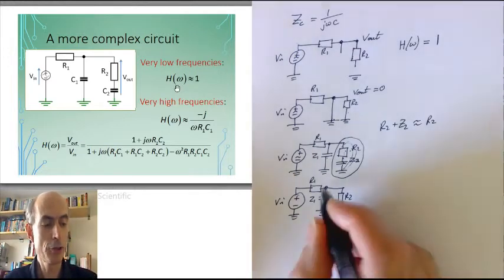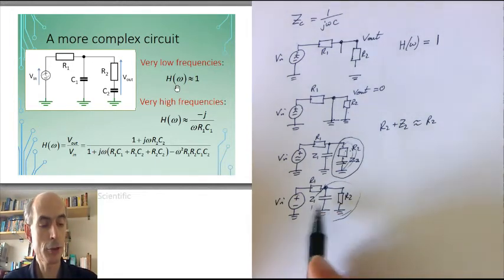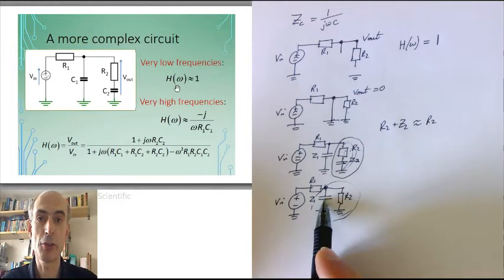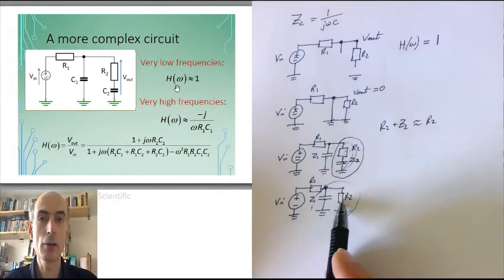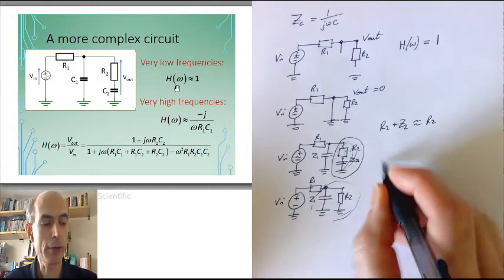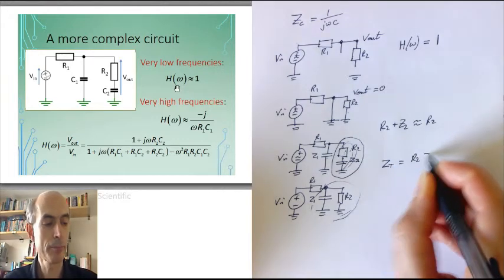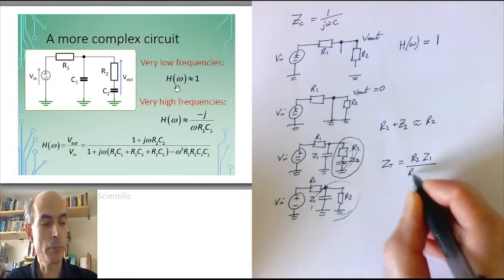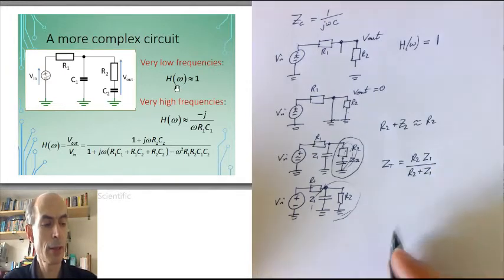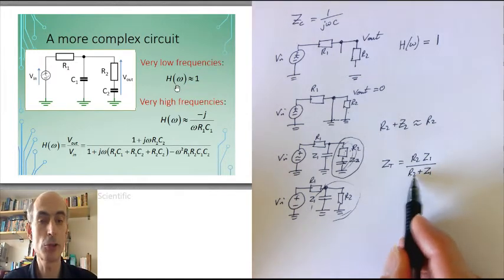Next, consider these 2 components here in parallel. That's a capacitor with a very small impedance at high frequencies in parallel with a resistor, which just has its frequency independent value. Now, for 2 components in parallel, the total impedance is the product of the two impedances divided by the sum of the two impedances. If Z1 is tiny, then R2 plus Z1 is just going to be approximately equal to R2.